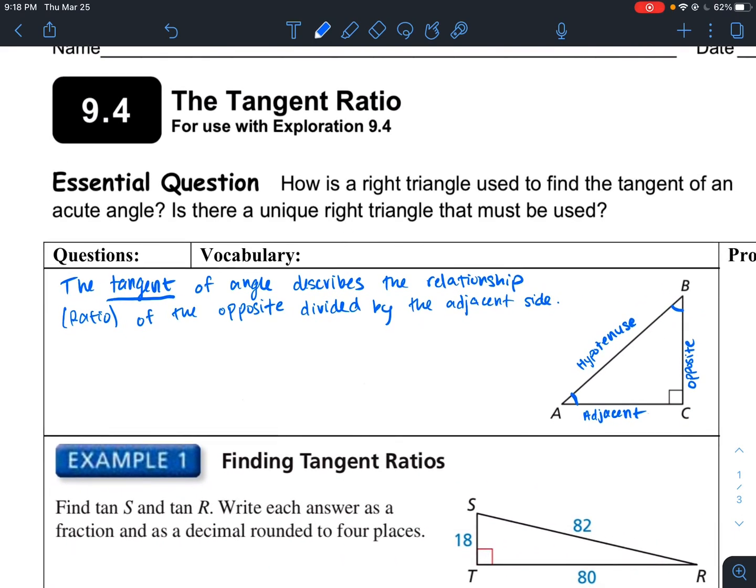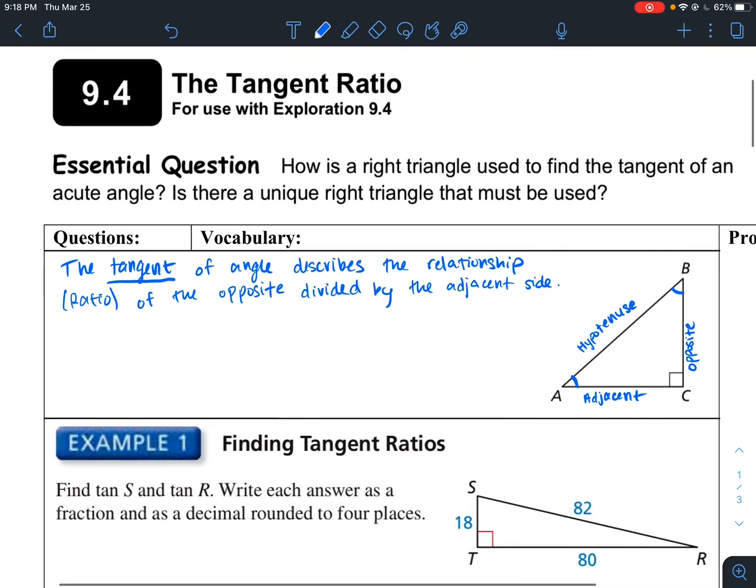Okay? So if I was to describe tangent of angle A, first of all, we usually abbreviate these.